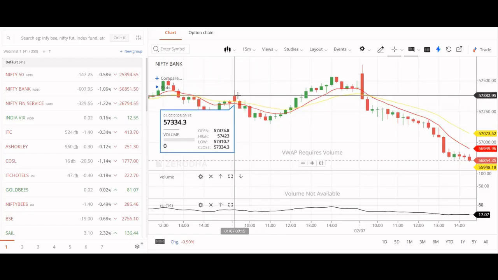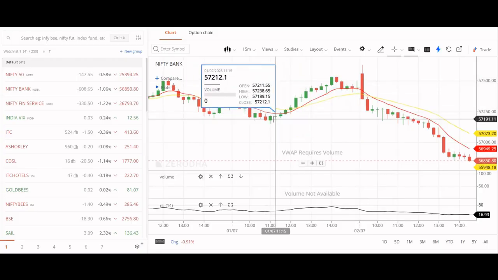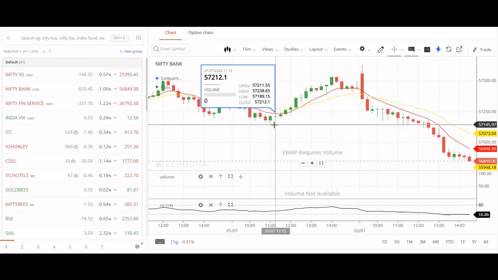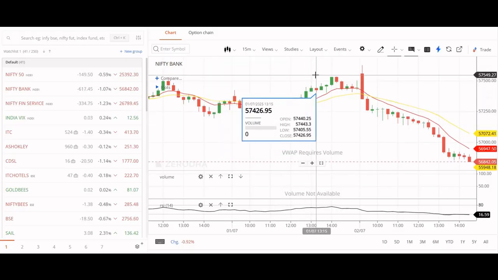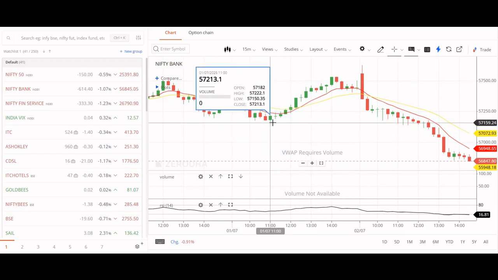From this candle to this candle is the 1st of July, and the low is at 57,150. So whenever Bank Nifty breaks above the high, which is 57,530, on the upside, we'll buy a call option, or if it breaks 57,150 on the downside, then we'll buy a put option.